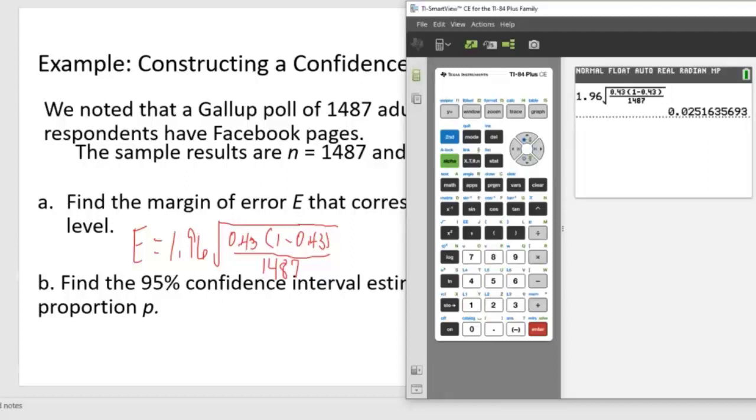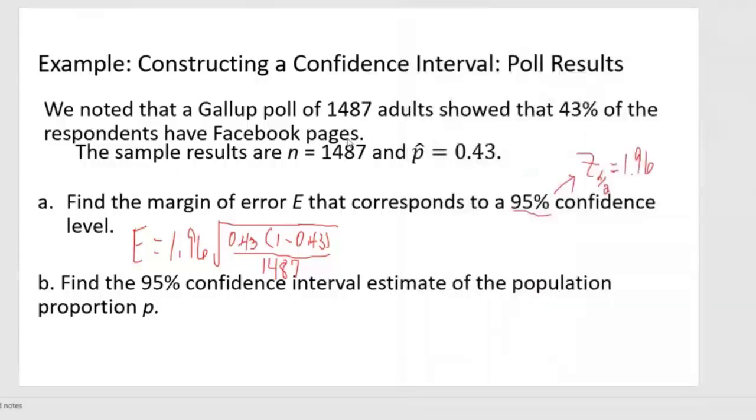And I get this long decimal, okay? We're going to go 0.0252. And we're going to compare that to doing this another way in just a minute.